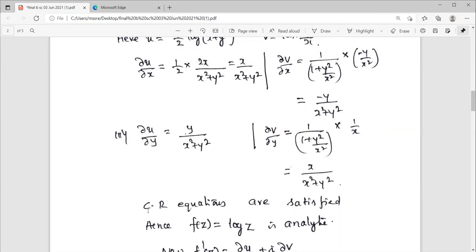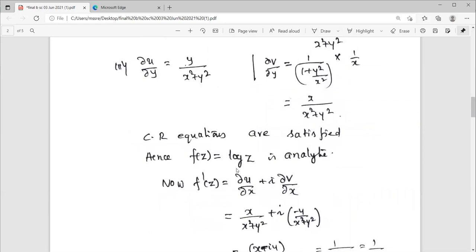That is, both the Cauchy-Riemann equations are satisfied. Hence, f of z equals log z is analytic. Here you are required to find f dash of z. But f dash of z is given by delta u by delta x plus i into delta v by delta x.